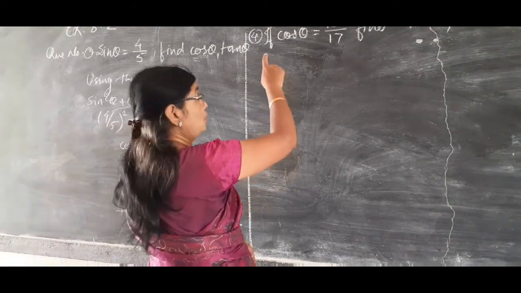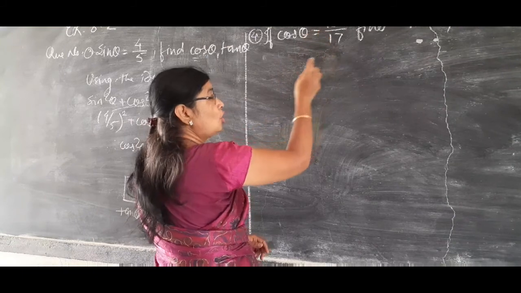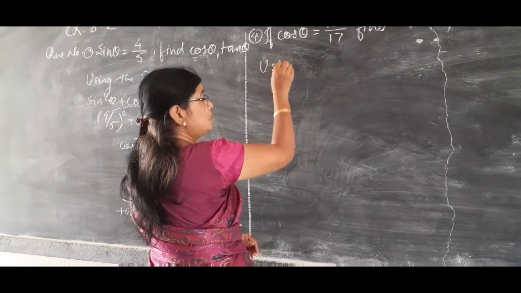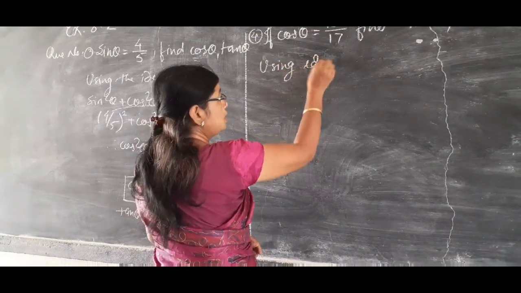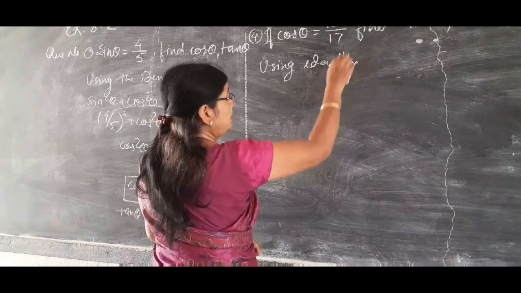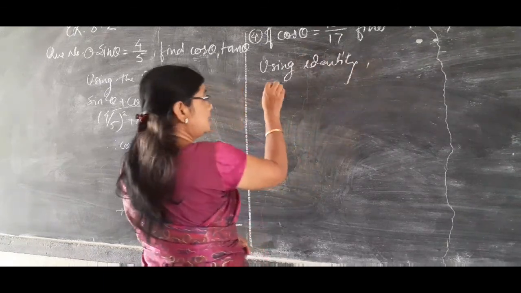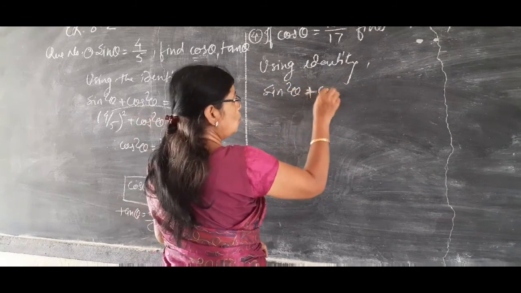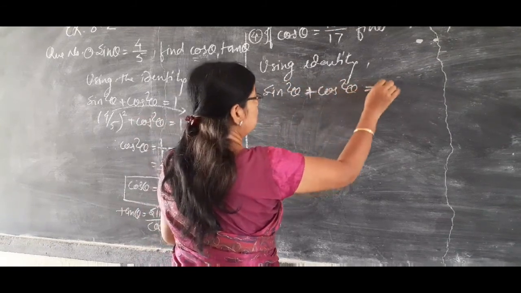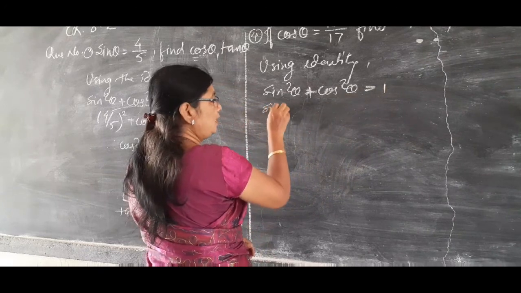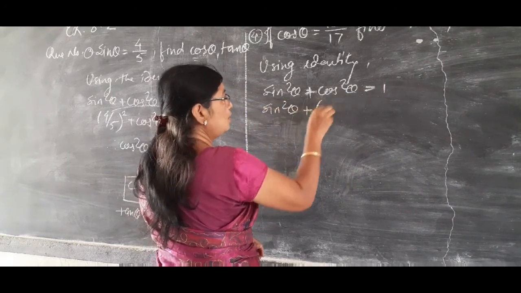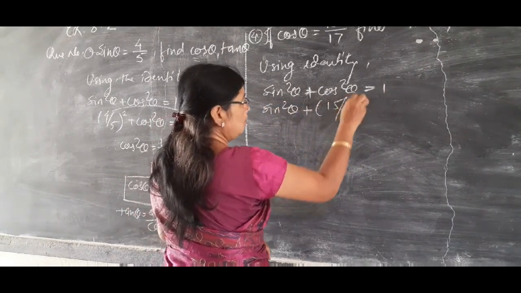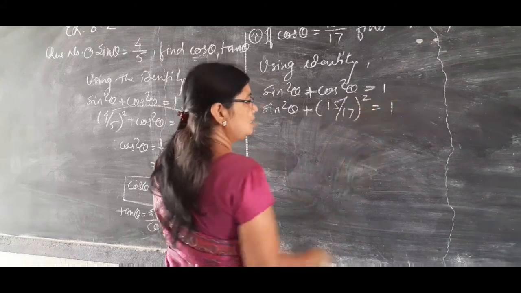Now see here question number 2. What is given? Cos. Here also you have to use the same identity. Using identity sin square theta plus cos square theta is equal to 1, now here you have to find sin square. So put the value of cos square, (15/17) square.